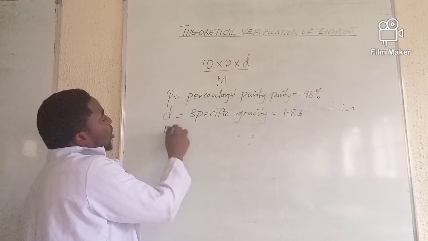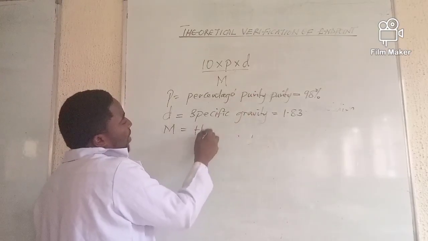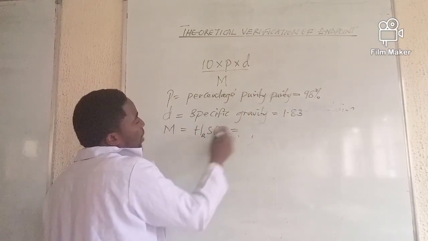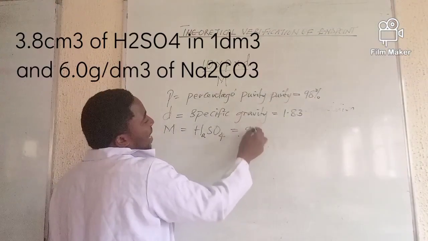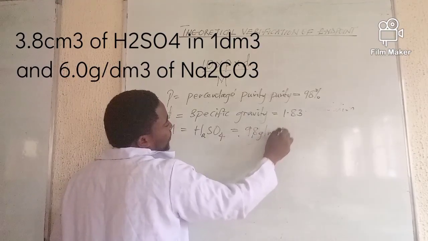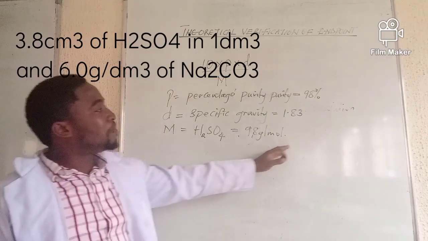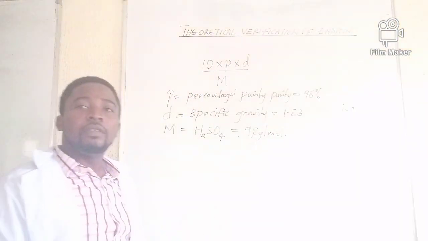Now, the molar mass of sulfuric acid, H2SO4, if you add up the weight of the atoms the way it is done traditionally, you will get 98 grams per mole. So with these parameters, I can calculate the molarity of the stock solution.